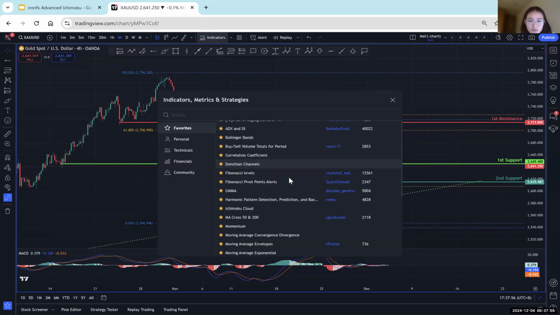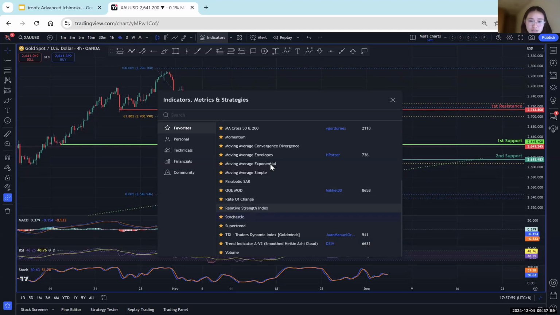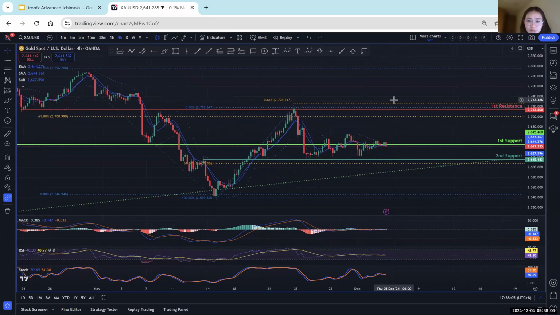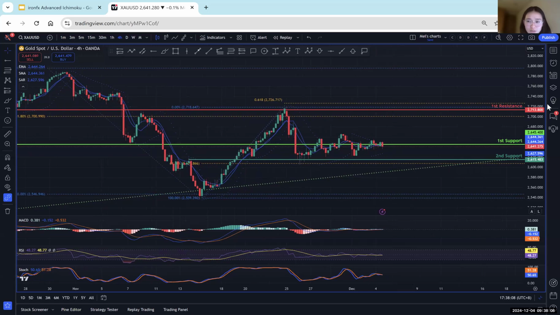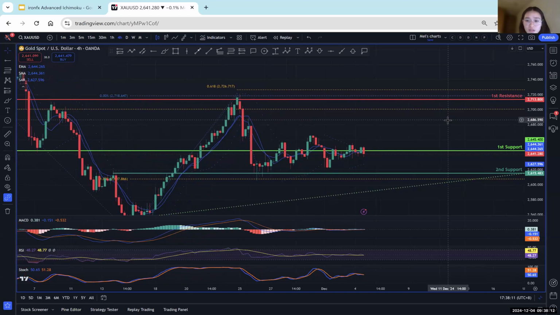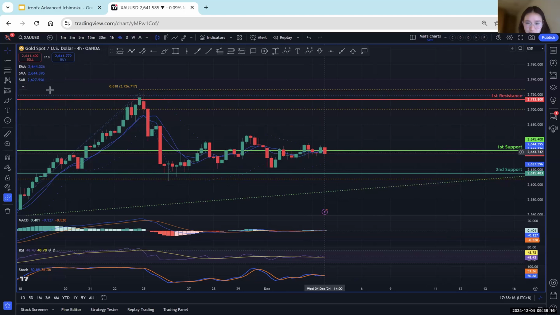Okay, let's continue. So I have MACD. I want to use RSI, stochastic, maybe our moving averages and parabolic SAR. For parabolic SAR, prices are moving above the indicator, so it is giving us a bullish signal. Moving average, I don't think it's really telling us much right now, so I'm gonna remove those two.